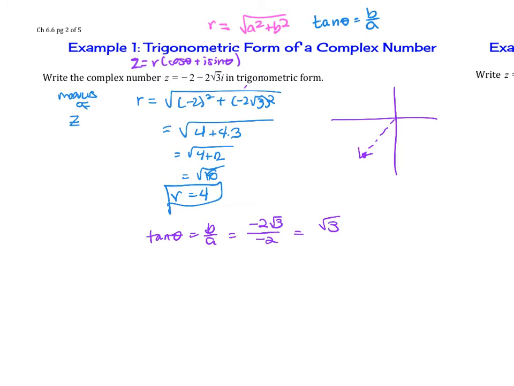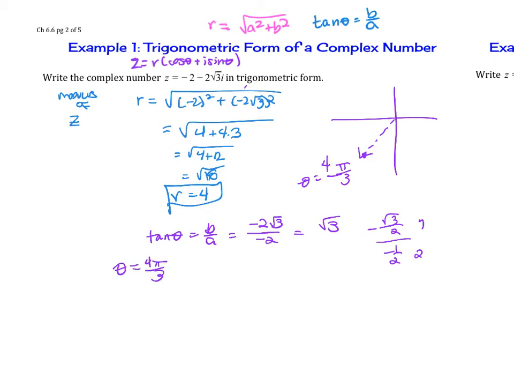Now, when does it equal square root of 3? In order to get that, it's negative root 3 over 2 over -1/2. So that is going to be one of the pi over 3's, and so that'll be 4 pi over 3. So theta is 4 pi over 3.